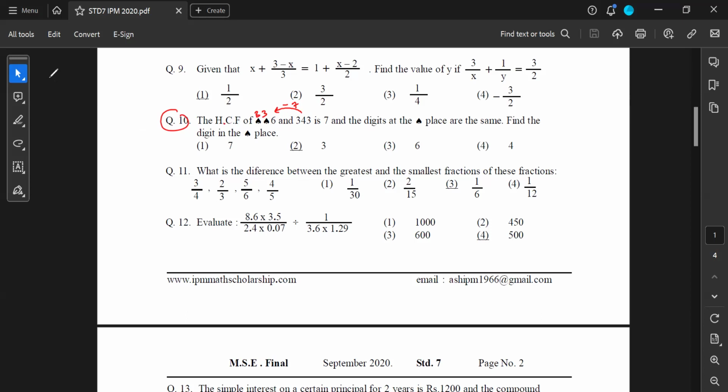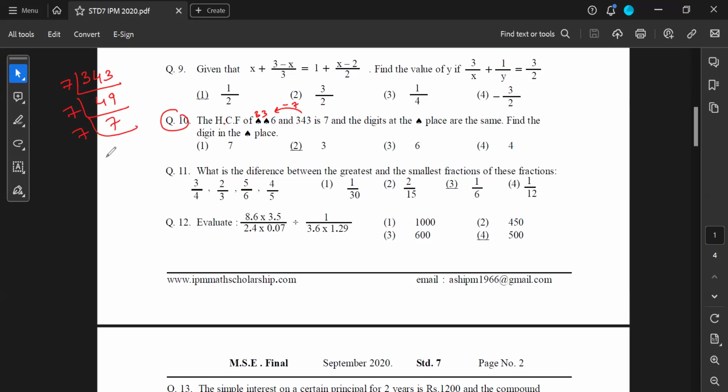343, 7 cube. When I divide 343 by 7, I get 49. Again, I divide by 7, I get 7.